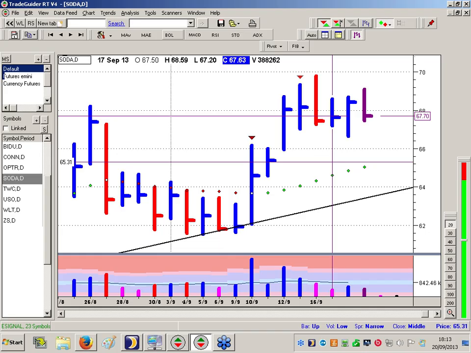So it doesn't matter what time frame you're watching, the principle will be the same. This is done deliberately by professional players who are trying to generate a move, and they don't want to lose control of that move.